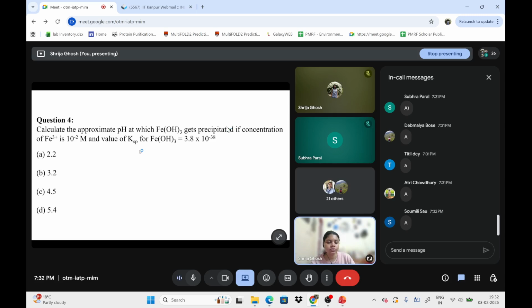I'm getting answers only from 7-8 students out of almost 20 students in the class. Others, if you have any doubt, please let me know. I'll help you out with the doubt. And if you don't have any doubt and you know how to solve it, please solve and tell me the answer.